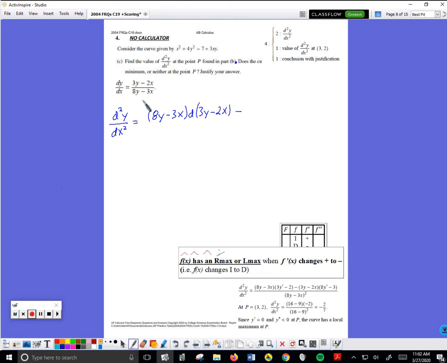The top now must be in parentheses because it's minus the entire term, or both terms. You must have the parentheses. We practiced that a lot with the quotient rule. Don't forget the dx over here. dx, not dy, because x is the input variable. Multiplied by d over dx of the bottom. All of it is divided by the bottom squared.